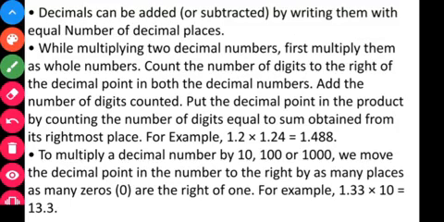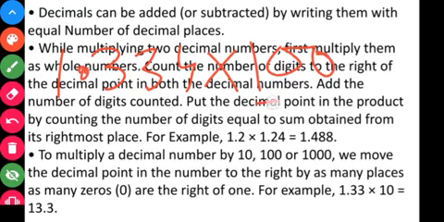Now take another example. 1.334 is multiplied by 100. So here the decimal point is here, and how many zeros are there right of 1? So 2 zeros are here. So this decimal point will be shifted 2 places right. Okay, so 2 digits right means here.